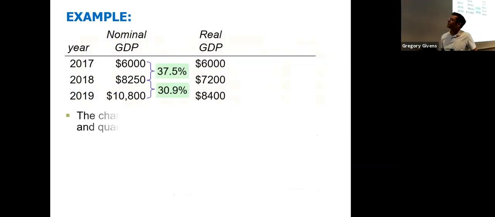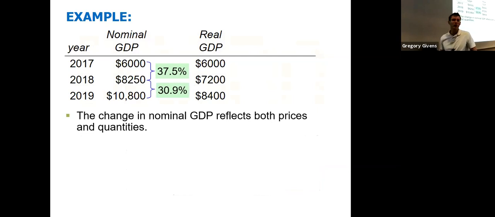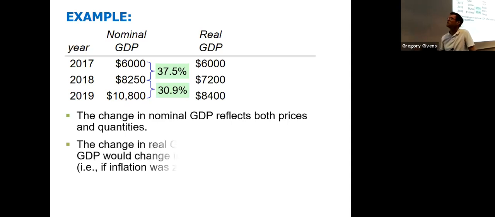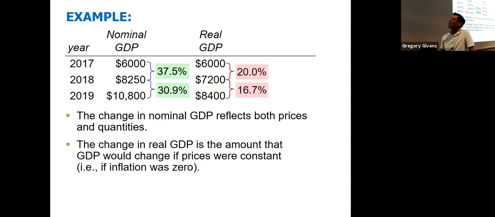However, you'll notice that the difference between the last slide and the one before that is that nominal, so this just repeats the numbers from the previous slide on nominal GDP. Nominal GDP growth reflects both the increase in quantities as well as the increase in prices. And that's why those numbers are larger than the growth rates of real GDP.